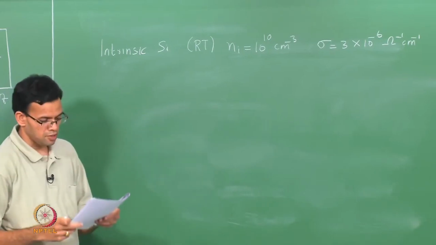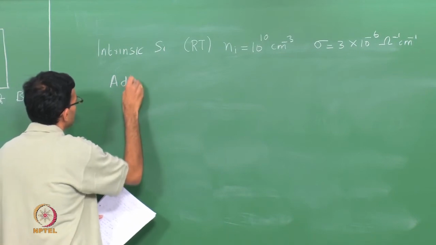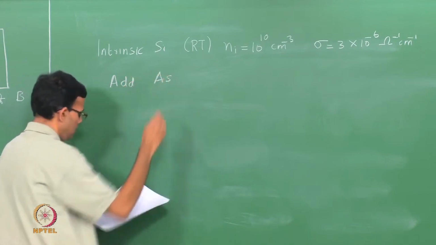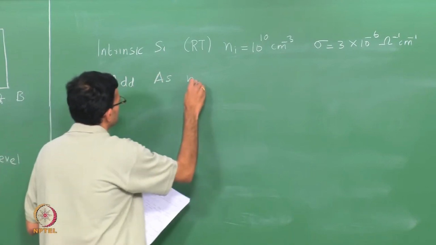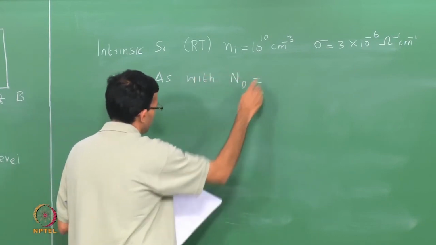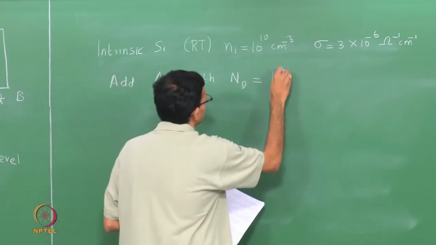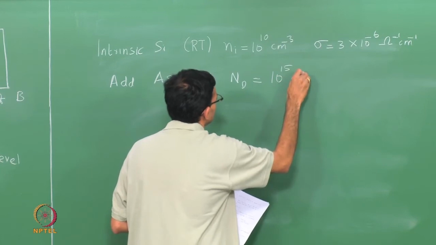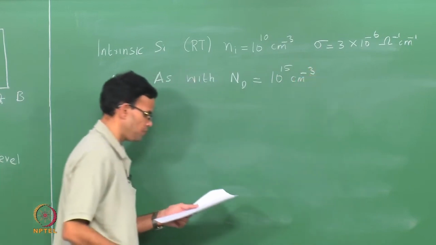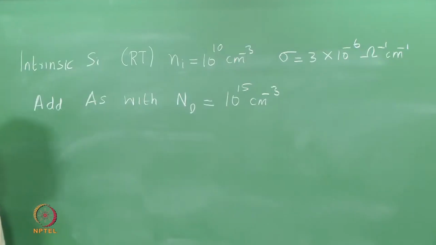Let us take intrinsic silicon and add arsenic with a concentration of 10 to the 15 arsenic atoms per centimeter cube. So, Nd is the concentration of arsenic.